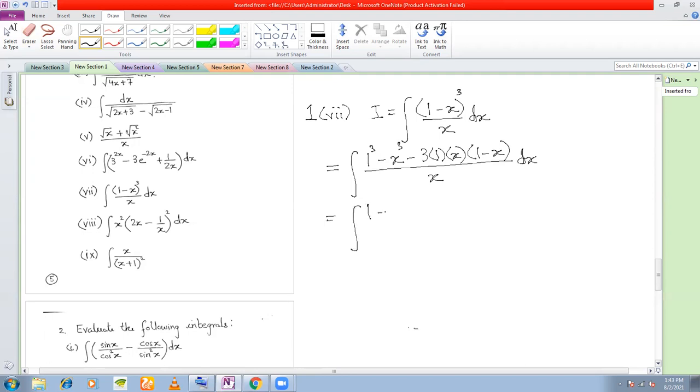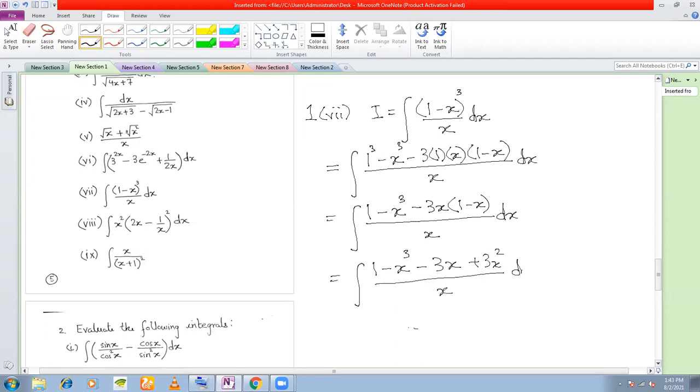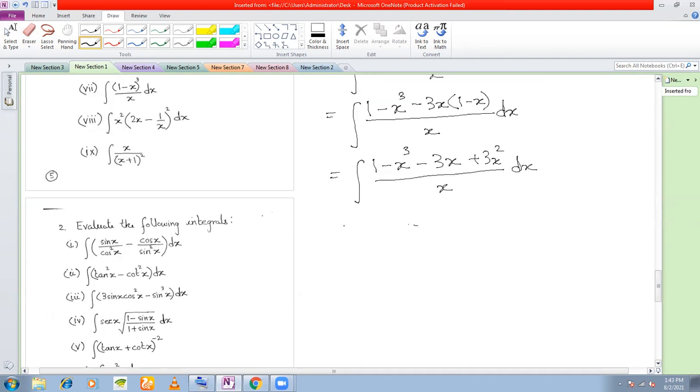You get 1 minus x cube minus 3x into 1 minus x divided by x. Further, you simplify the numerator. A cube minus b cube minus 3x plus 3x square. Once you have simplified the numerator, now you divide the numerator with the denominator.